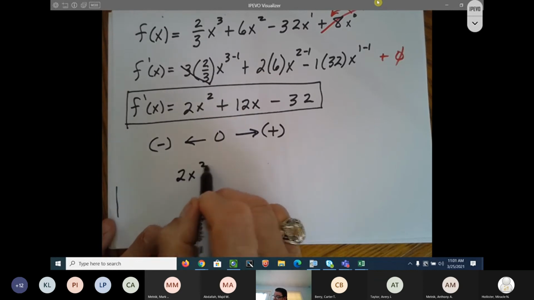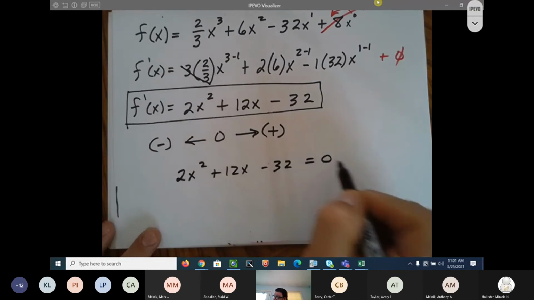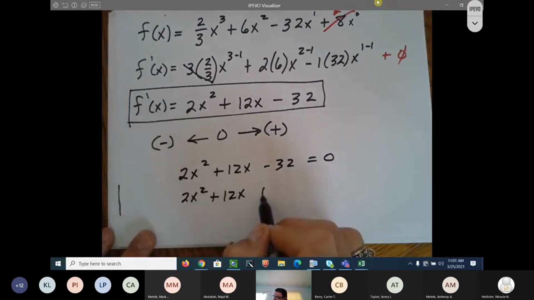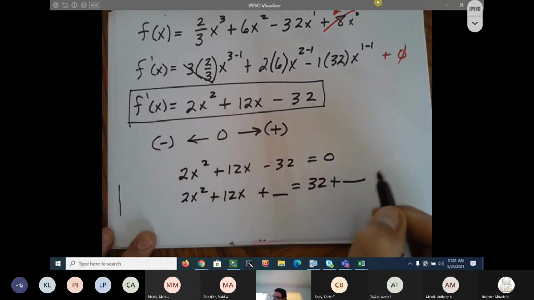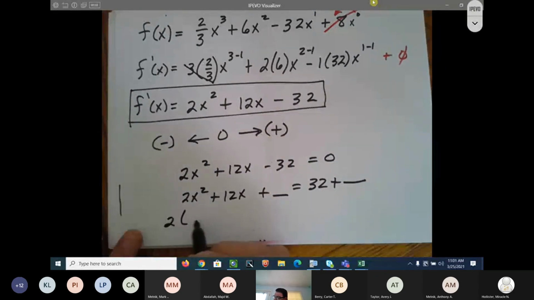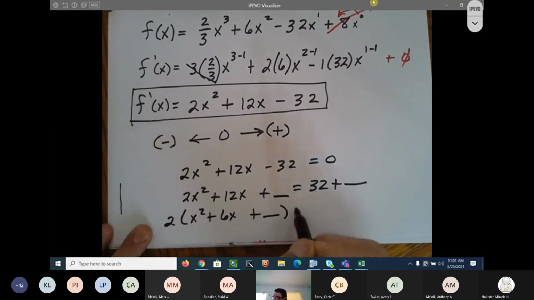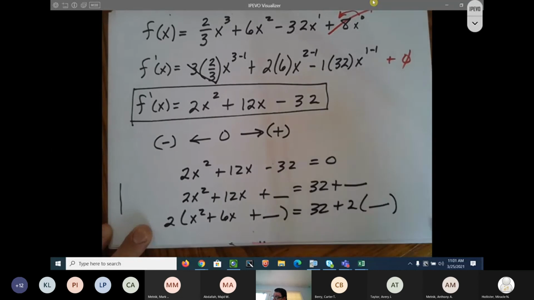2x squared plus 12x minus 32 is equal to 0. 2x squared plus 12x plus blank is equal to 32 plus blank. Factor out the 2: x squared plus 6x plus blank is equal to 32 plus 2 times blank.